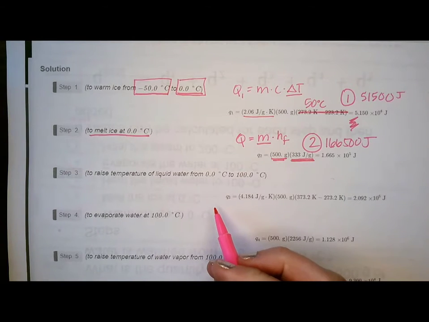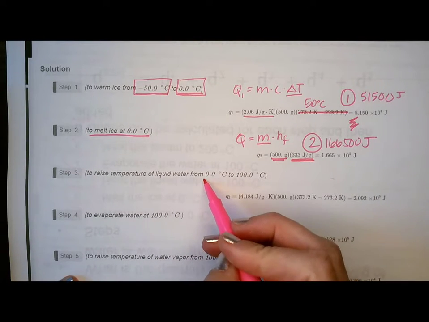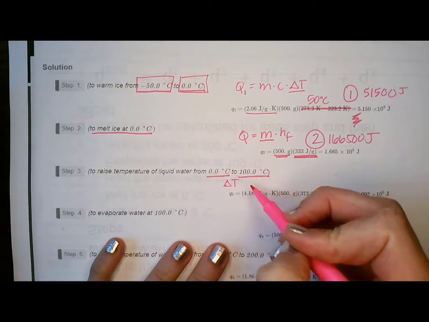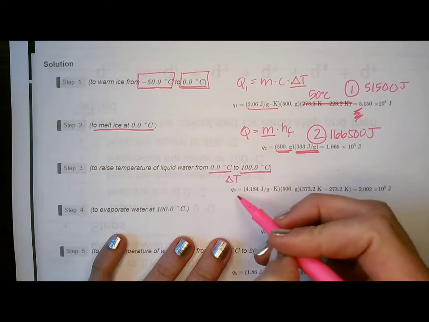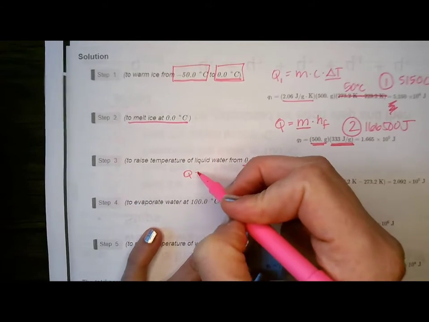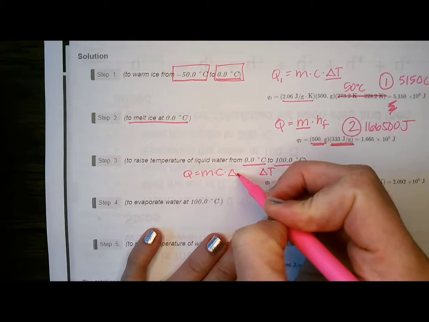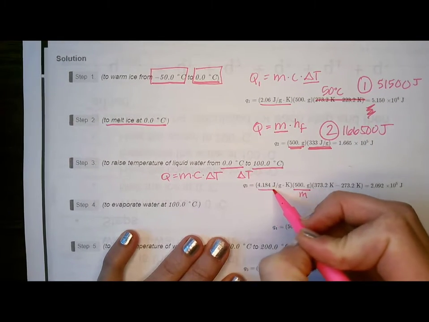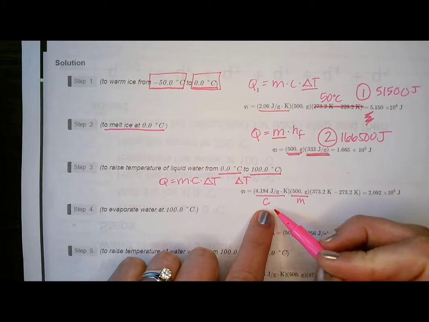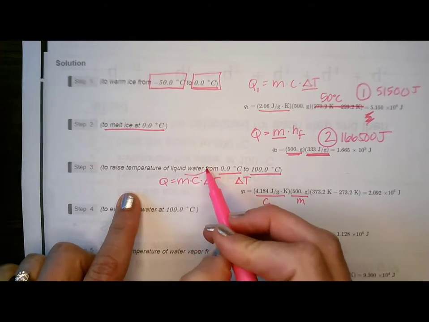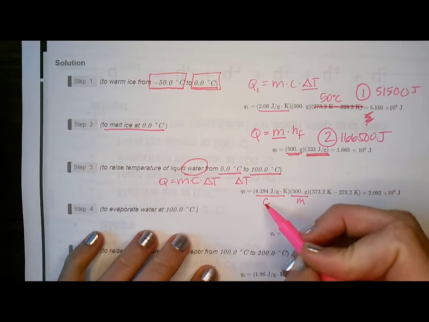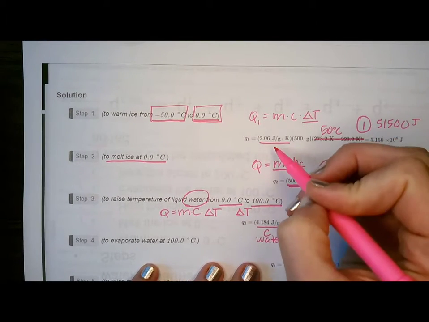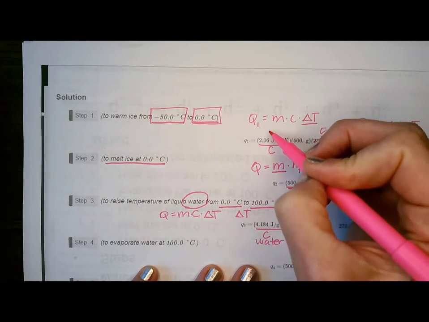Let's look at number 3. We're raising the temperature from 0 to 100. So there's a change in temperature here. Now, that means that we're going to use our Q equals M times C times delta T. So we have my mass, my specific heat. Here I have the specific heat of water, right? Because I'm at water, we have to use the C of water. Notice up here, my C was of ice.